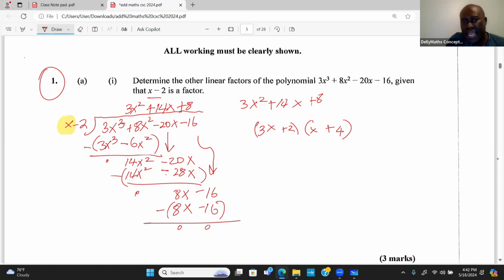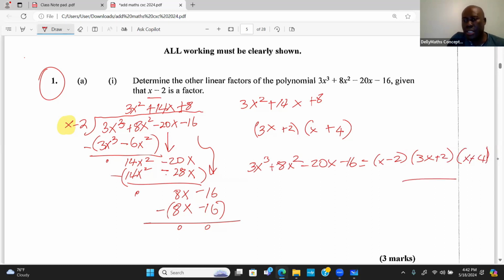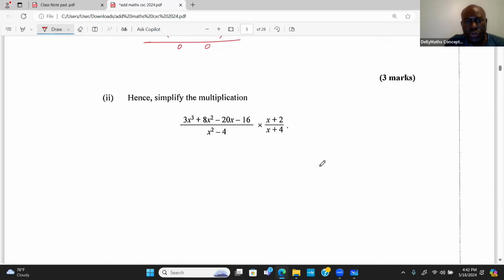What this really means at the end of the day is that 3x to the third plus 8x squared minus 20x minus 16 is equal to the first factor that they gave me and the two that I came up with right here. Those are our linear factors, and that's what they were really referring to. That's 3 marks. Let's jump to the other section.